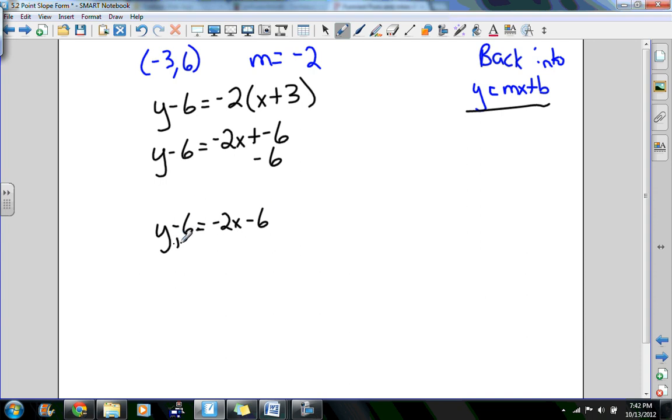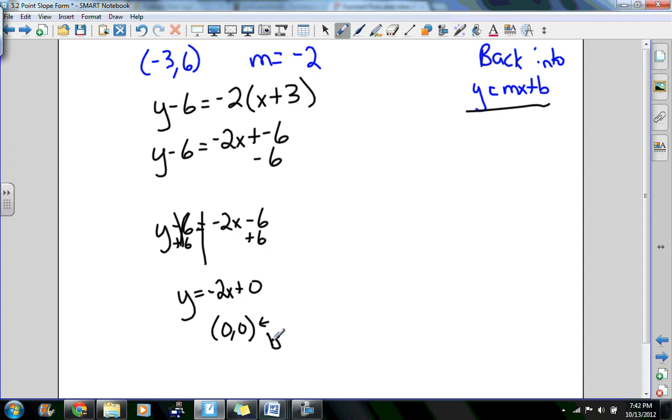Okay, now I need to add 6 to both sides. Okay, because that's our line. So on this side, I get y equals negative 2x plus 0. Now you could write this without the 0 here. That's just fine. And then our m value is still negative 2, which is up here. And our other ordered pair is 0, 0. That's our b value.